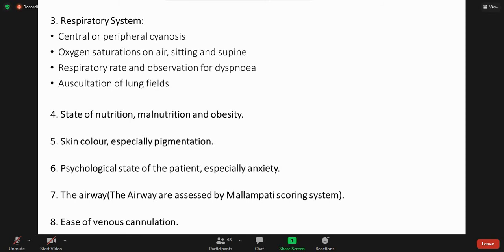हमें उसके लिए क्या करना पड़ेगा? हमें पेशेंट का BMI लेना पड़ेगा. What is BMI? Anyone can define BMI? Body mass index. Yes. How do you calculate the body mass index?